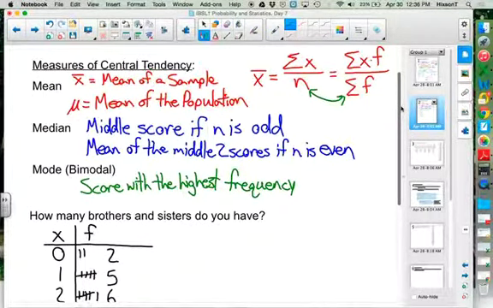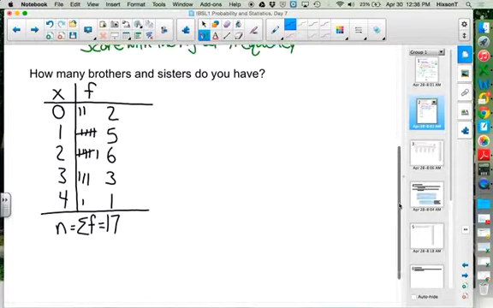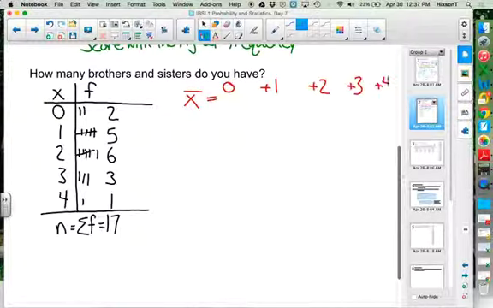You'll notice we have the sum of each score times its frequency over the sum of the frequencies. Okay, so we'll call this x bar. Each score, we have 0 plus 1, and we have the 2, 3, 4.